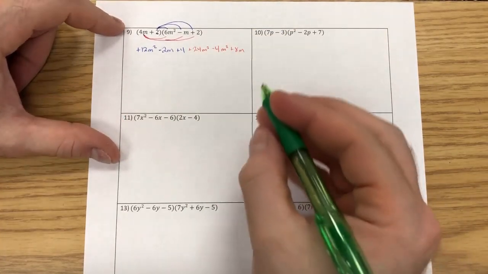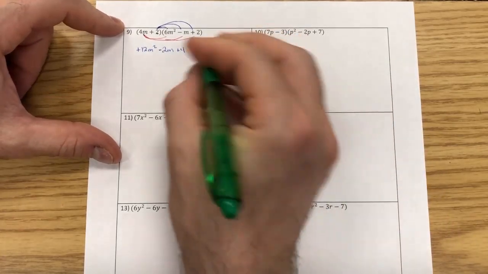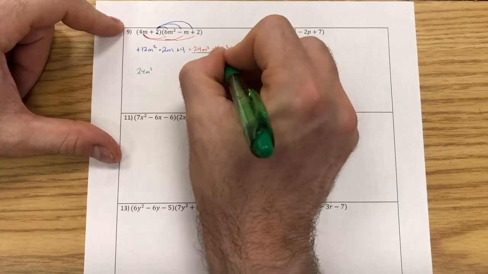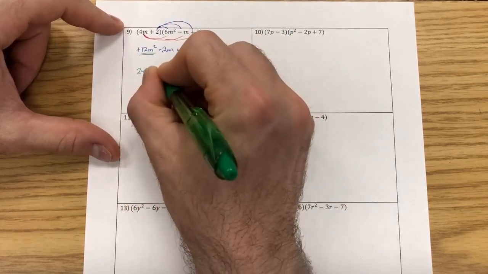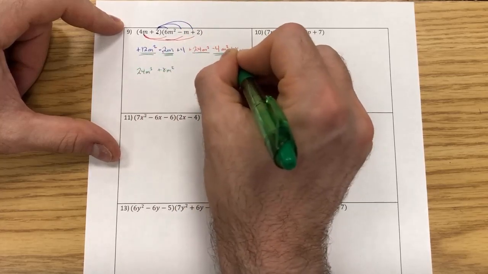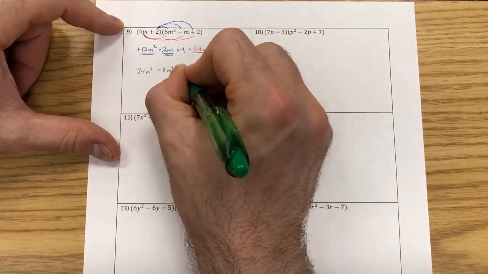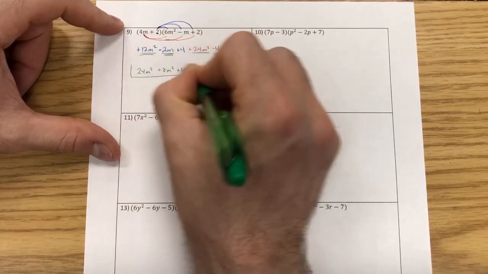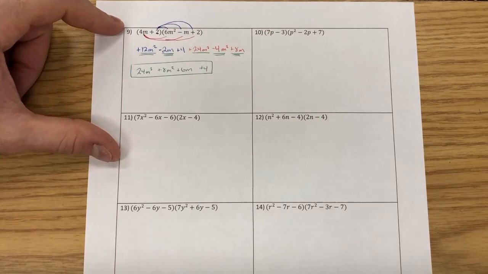So that our final answer, we just go from the highest exponent to the lowest exponent. Boom, and that's it.